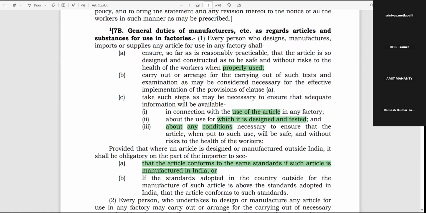So here, every person who designs, manufactures, imports, or supplies any article for use in any factory shall ensure, so far as is reasonably practicable, that the article is so designed and constructed as to be safe and without risk to the health of the workers when properly used. It is nothing but a producer, when the articles are used in the factories. It should not cause any hazard.